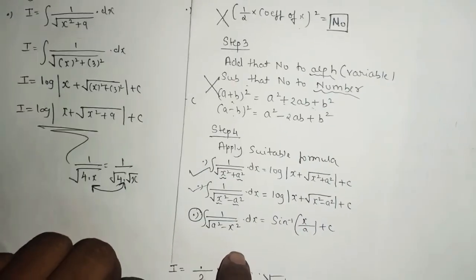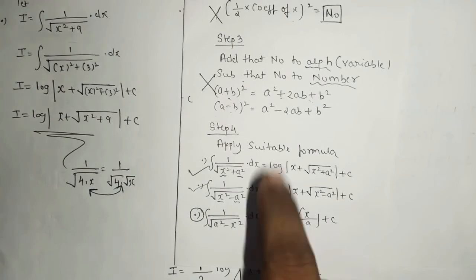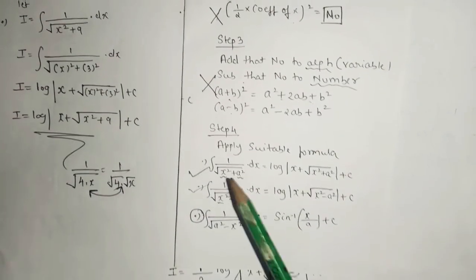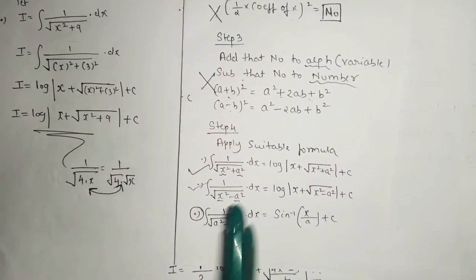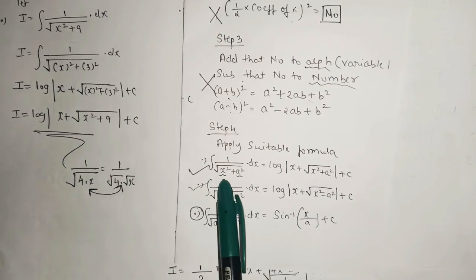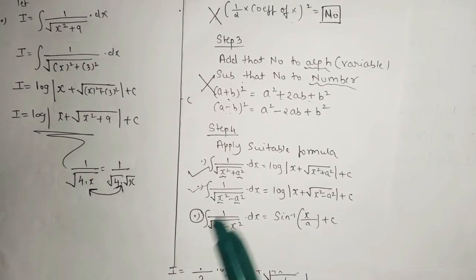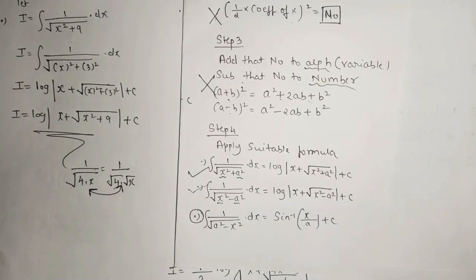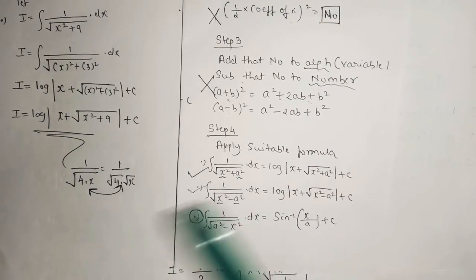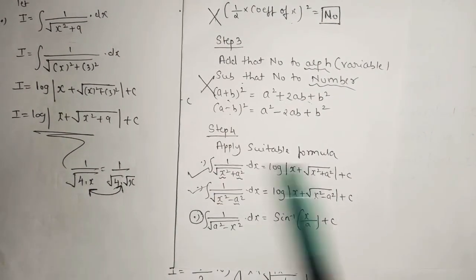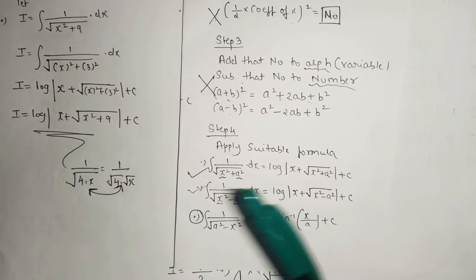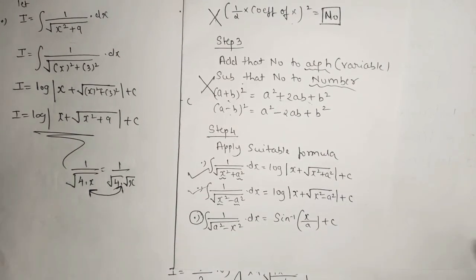When you see the textbook, there are 4 formulas, but basically we apply only 3. The first one is 1 upon root x square plus a square. The second one is 1 upon root x square minus a square, and the third one is 1 upon root a square minus x square. First and second formula you apply whenever the sign of x square is positive, and the third formula whenever the question already says that the sign of x square is negative.